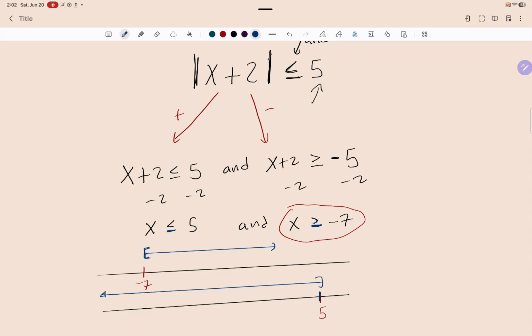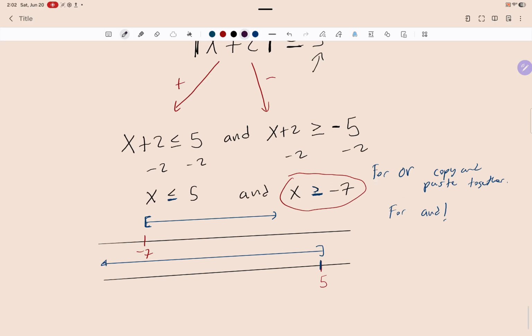Now the difference between the and and the or is that for the or, we copy and paste them together. For the and, it's a bit different. What I mean is that for the and statement, it is the region of overlap. In other words, where they both exist at the same time.